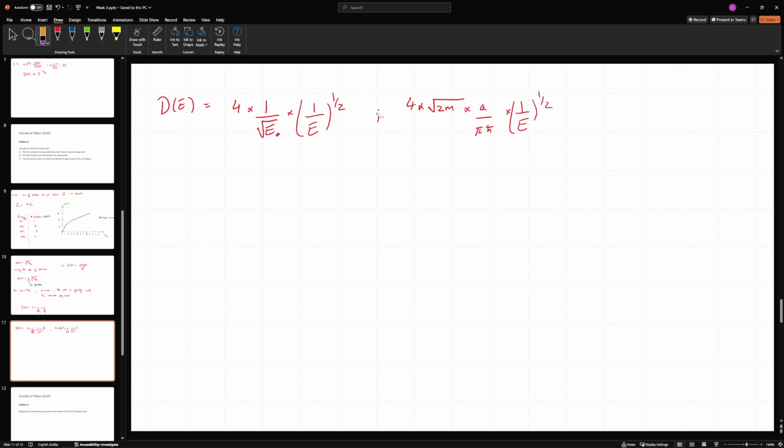Which is equal to 4 into A, so this is 4A by pi h bar into square root of 2m by E. And now what I will ask is, so this is at some width A. Now I need to find out how much this density will change as the width of the well increases also.